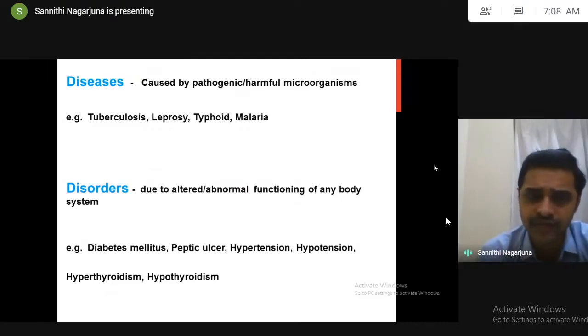Our human body is made up of several systems, and every system has a certain function. When the function of a system gets altered and becomes abnormal, those conditions are called disorders. Examples are diabetes mellitus, peptic ulcer, hypertension, hypotension, hyperthyroidism, and hypothyroidism.